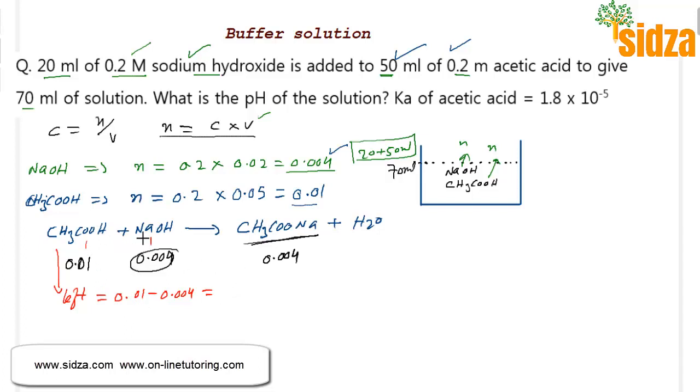It does not react with the sodium hydroxide because all the sodium hydroxide has been consumed, right? So you will have 0.01 minus 0.004, which will be 0.006. This will be the acetic acid left. So that means after you mix the 20 ml of the 0.2 molar NaOH with the 50 ml of 0.2 molar acetic acid, at the end you will have acetic acid 0.006 moles, right?